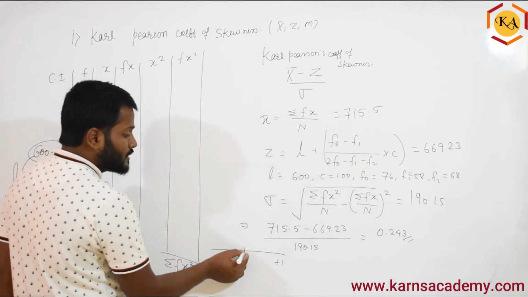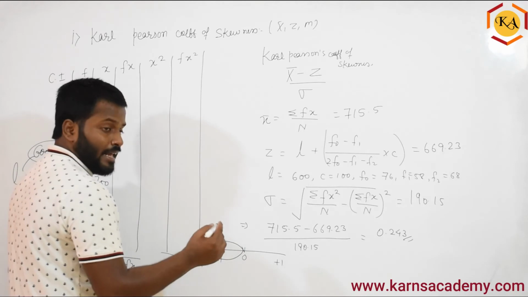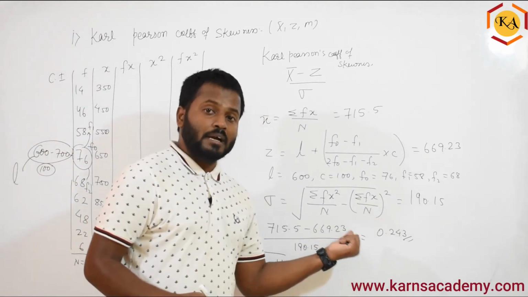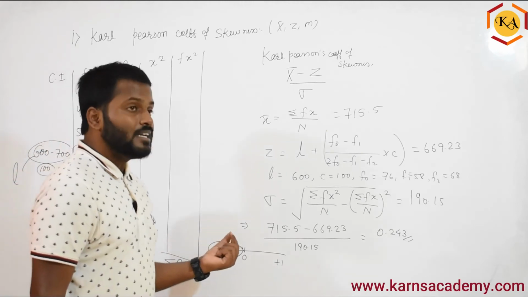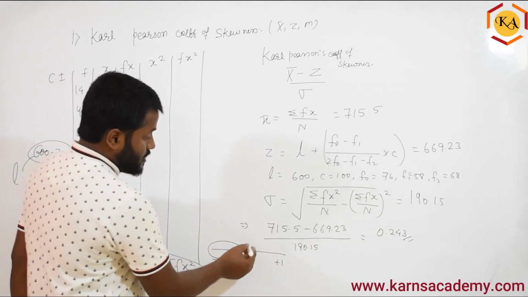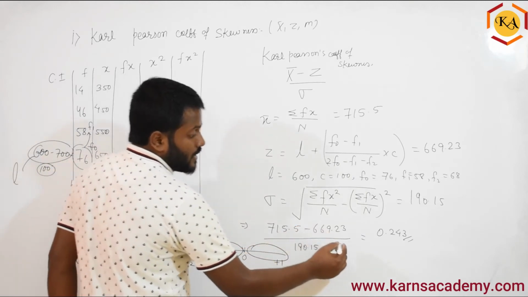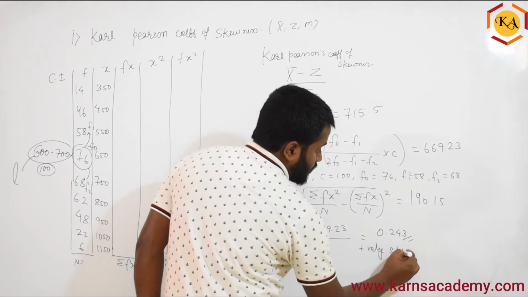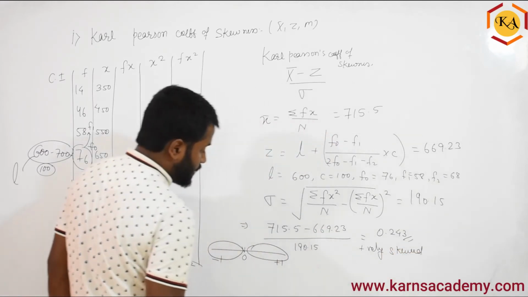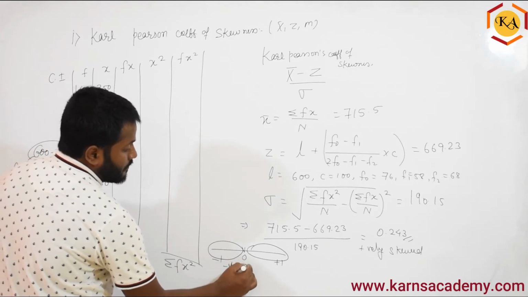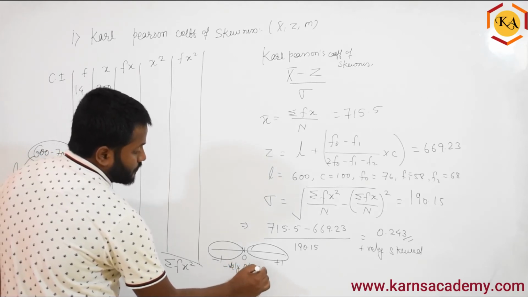If your answer is on the negative side, say instead of plus 0.243 you had got minus 0.243, you can tell it is negatively skewed. If your answer is on this positive side, you can tell it is positively skewed. Very simple.